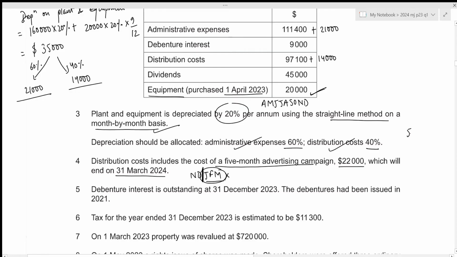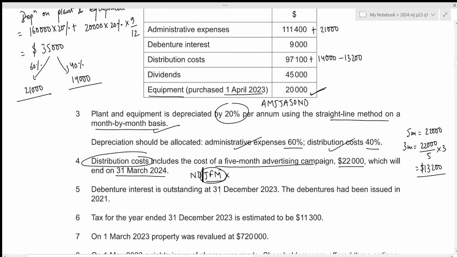We know that for 5 months, the advertising campaign would cost 22,000. It means that for the 3 months, it will cost 22,000 divided by 5 times 3, which results in 13,200. Now we need to remove this 13,200 from the distribution cost, as these are the expenses for the next year. So minus 13,200.